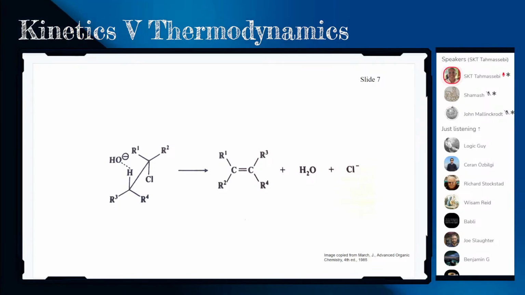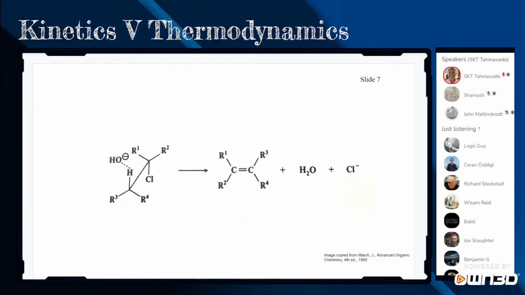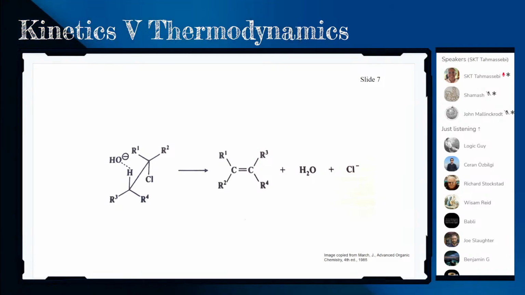Because now OH minus is somehow connected to this organic molecule, the mass of this organic molecule has gone up. Its rotation has slowed down sufficiently. Its symmetry has been destroyed.